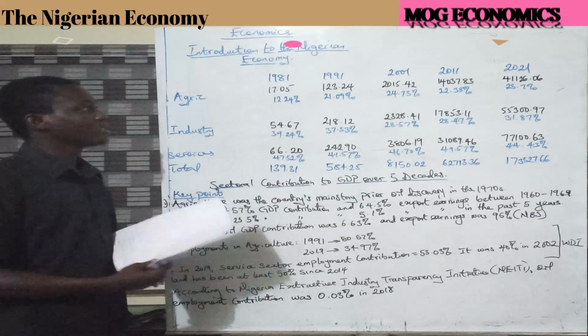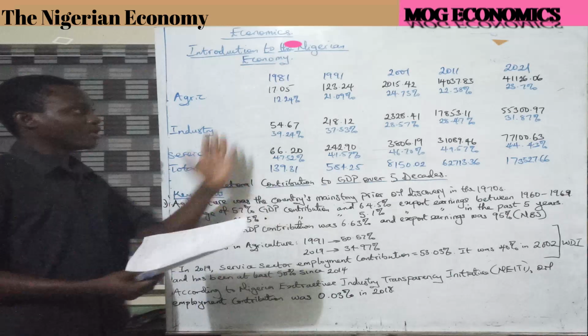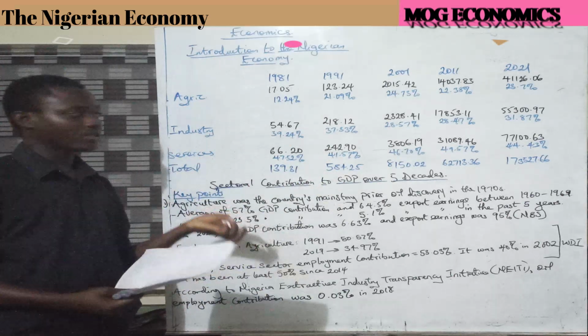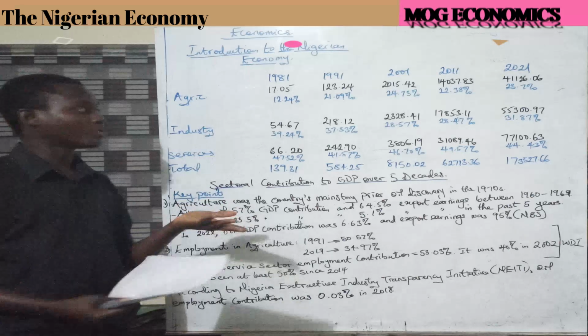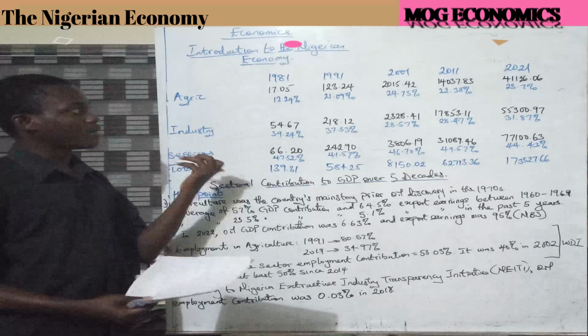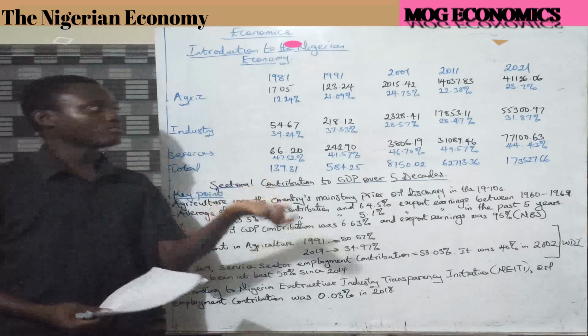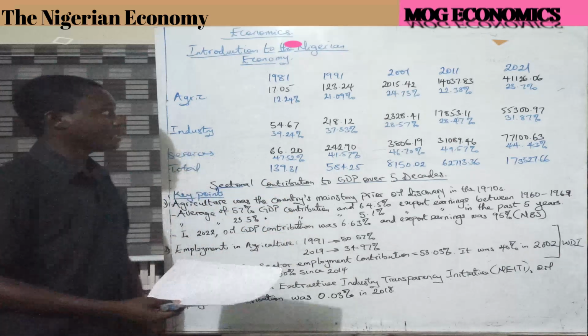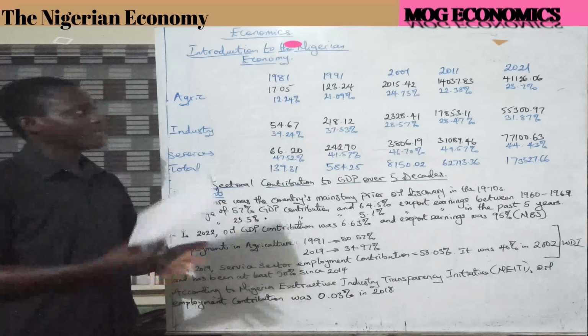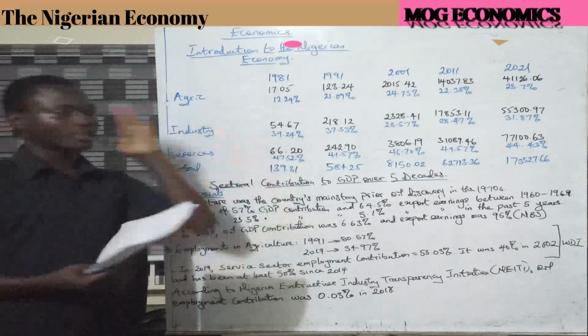What I did was, you are not going to see this data like this in the National Bureau of Statistics annual reports of 2021. I just collected data over 50 years, with a 10-year gap: 1981, 1991, 2001, 2011, 2021.